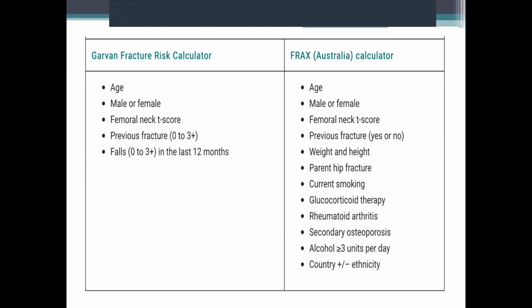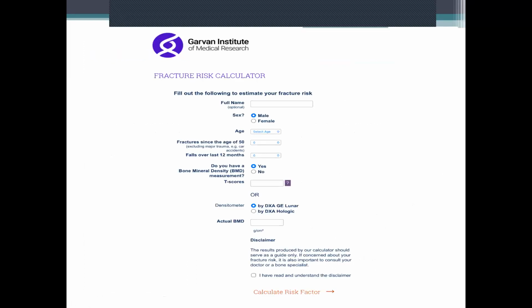It also looks at history of parental hip fracture, other risk factors, modifiable risk factors, for example, if a patient is smoking. It also looks at if your patient is on steroids and if they have other secondary causes, such as rheumatoid arthritis. And of course, I mentioned you can adjust the calculator based on country and ethnicity, which can be more accurate. So this is what the calculator looks like.